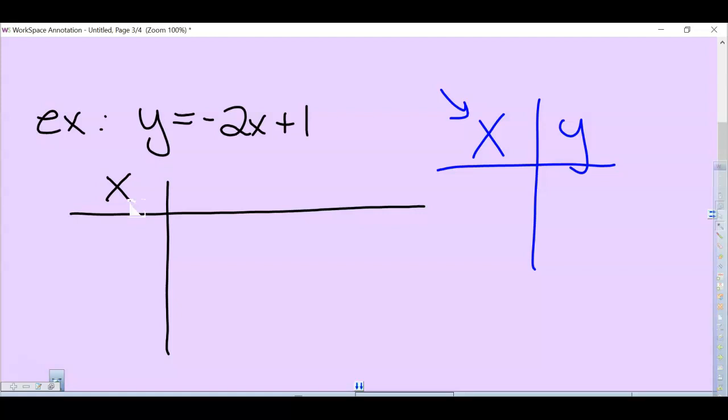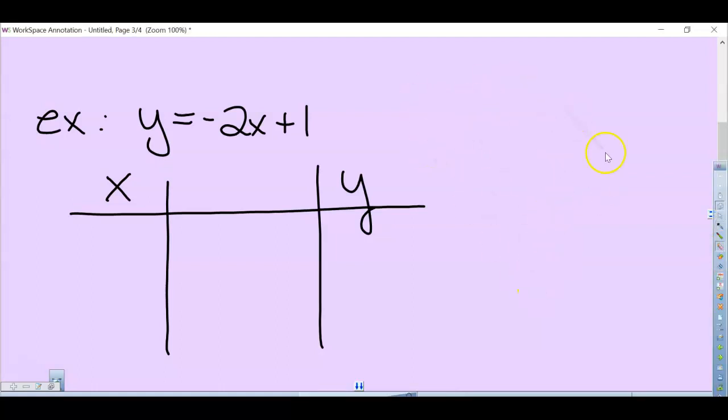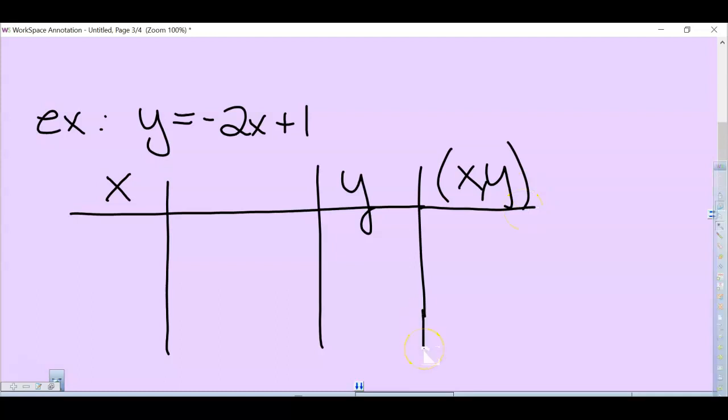Again, we have our x's, and then our output, we're going to end up with our y. Together, combined, the x and the y is going to give us a solution. So in fact, we're going to get several solutions here, 3 solutions that we can utilize to graph this expression, or this equation.